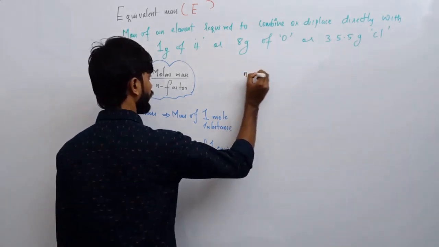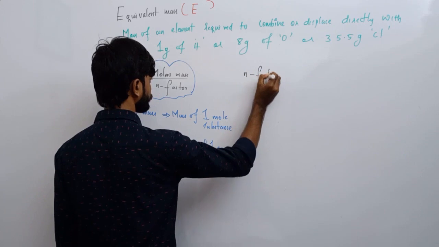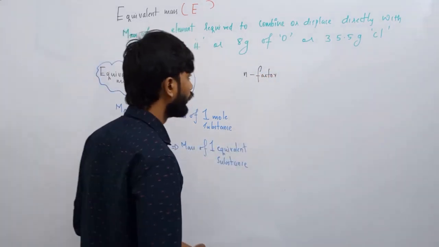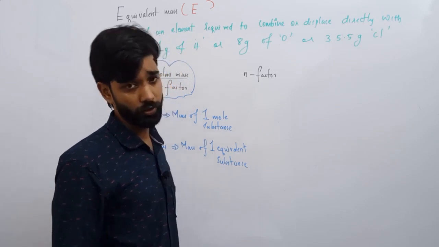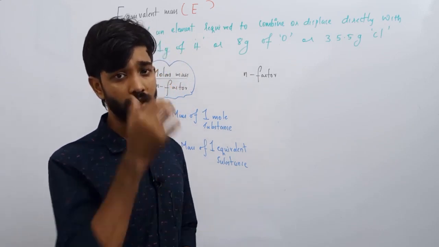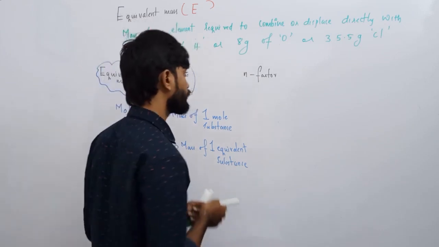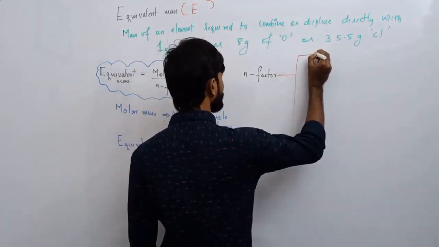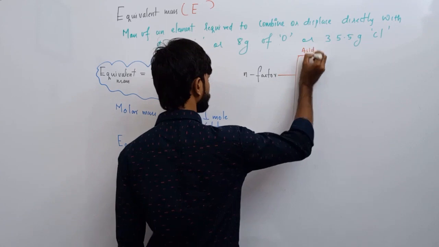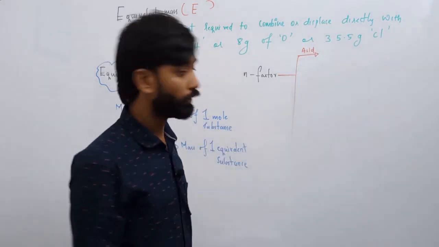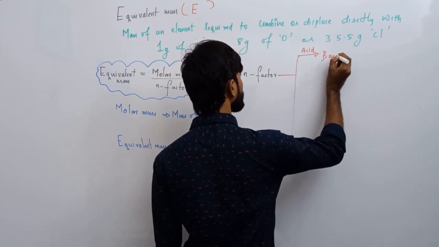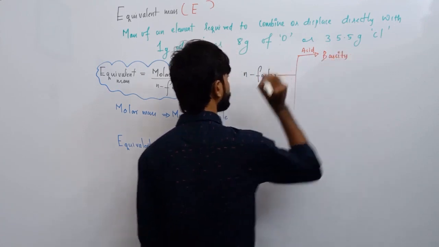And what about n factor? N factor or valency factor is a constant positive integer term that depends on the species which are given to you. If the species is an acid, then its n factor is basicity.